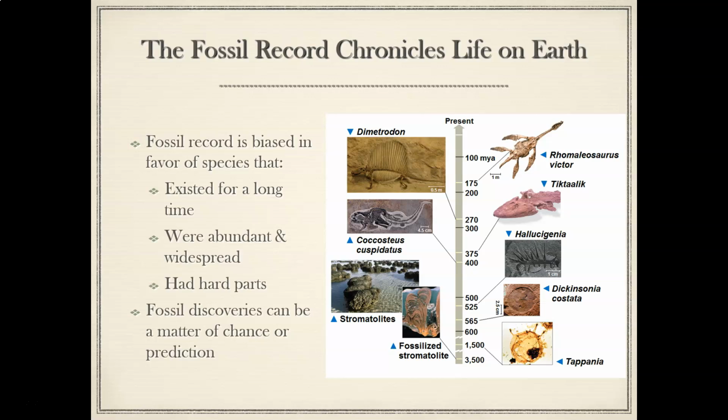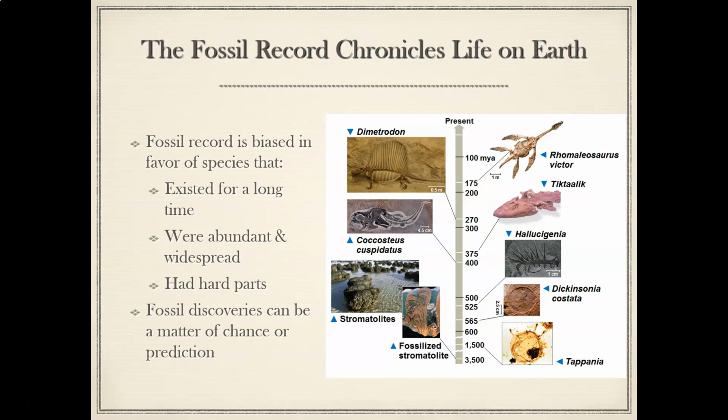And the longer that they exist on Earth, the more likely you're going to have those organisms happen to die next to a watery environment, happen to get covered up in a short enough period of time by sediment to actually become fossilized. Those organisms not only have to exist for a long period of time, but they also have to be abundant and relatively widespread. Again, it's statistics. The higher the number, the longer they exist, the more likely they find themselves in the environment conducive to fossil building.